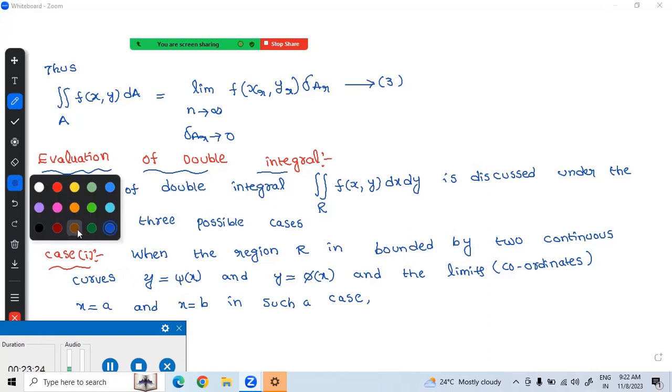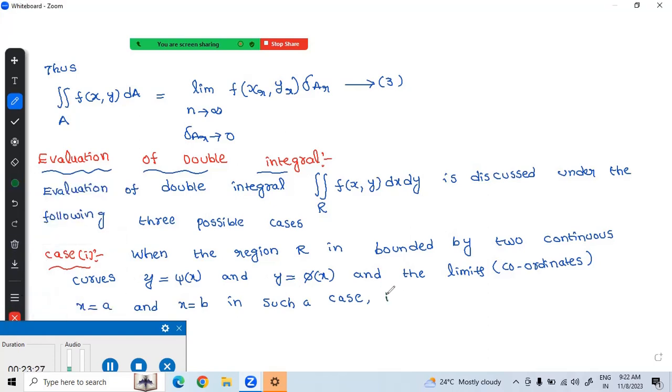integration is first performed with respect to y keeping x constant.